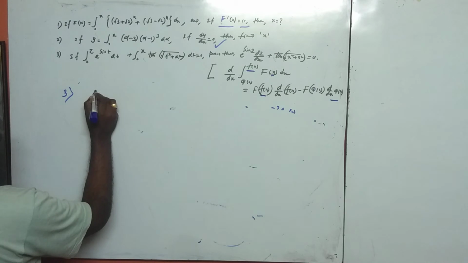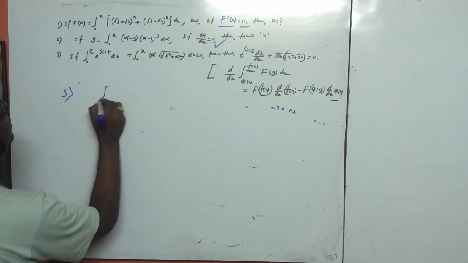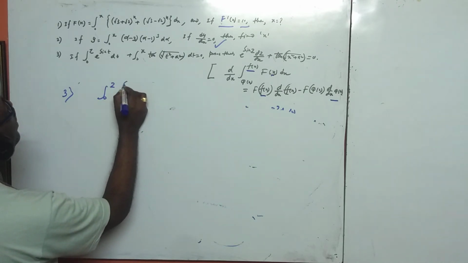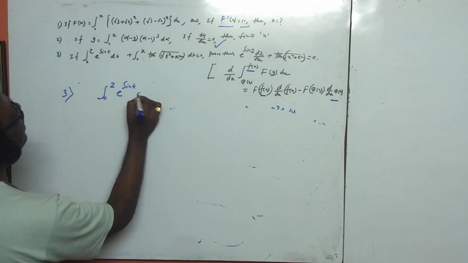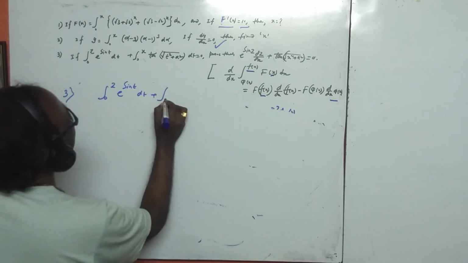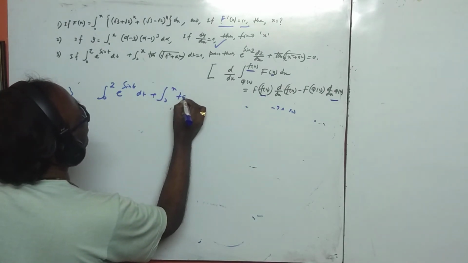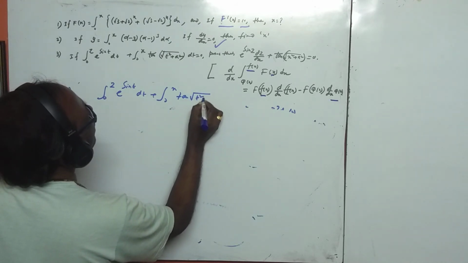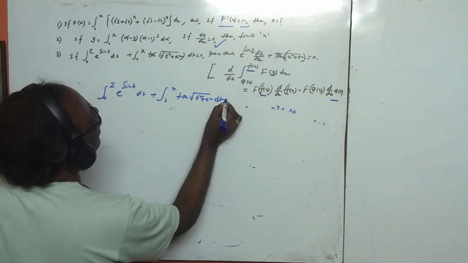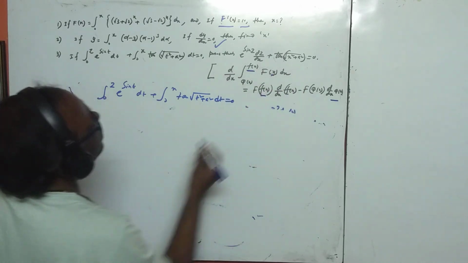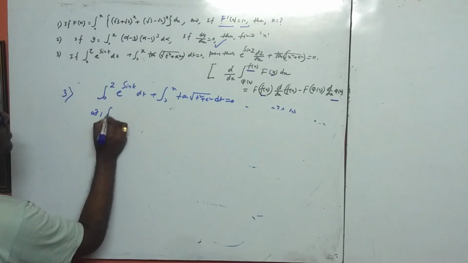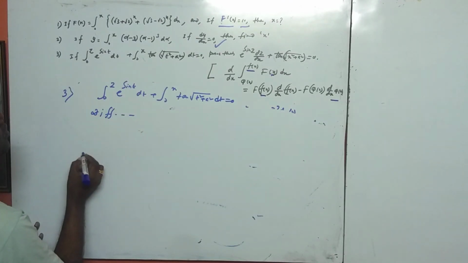And now see here, given that the integral from 0 to z of e to the power t dt and the integral from 0 to x of tan root over (t square plus a square) dt equal to 0. You have to show this, okay? Differentiate both sides.